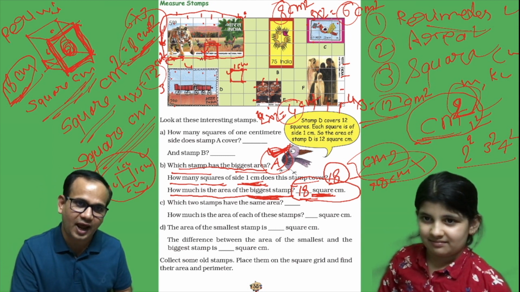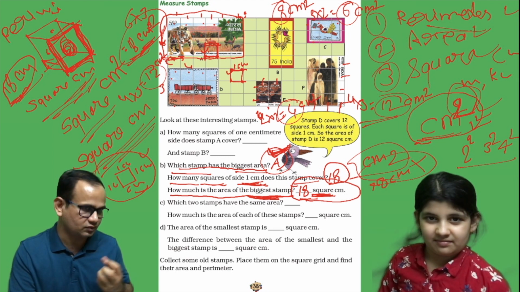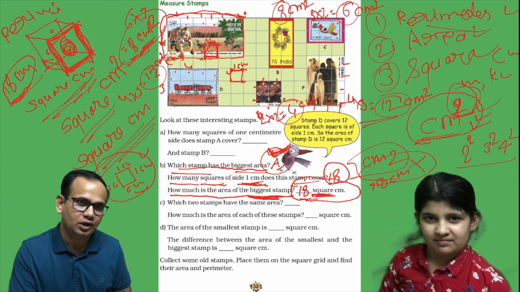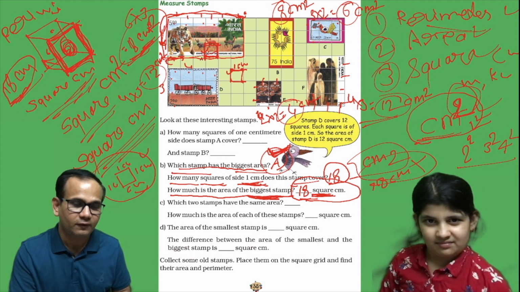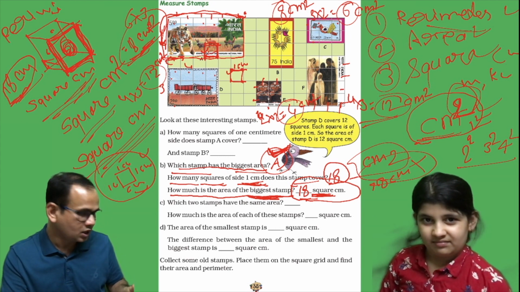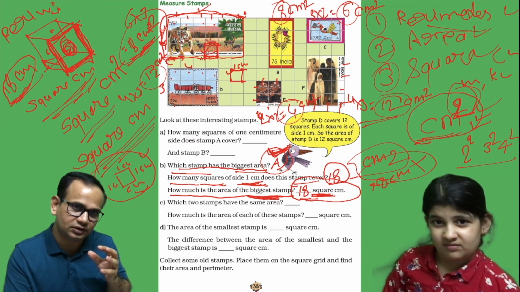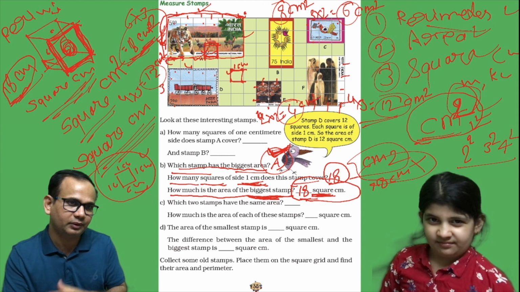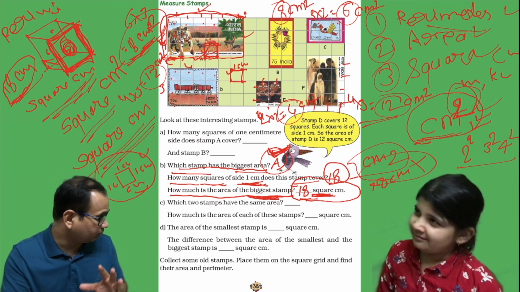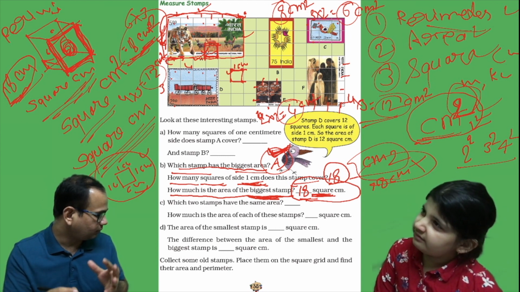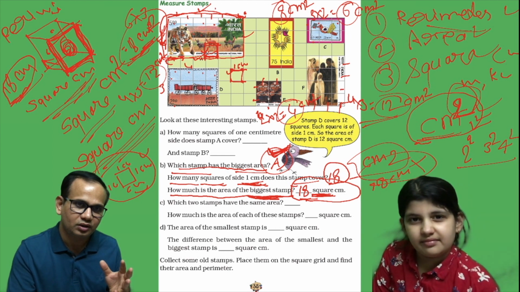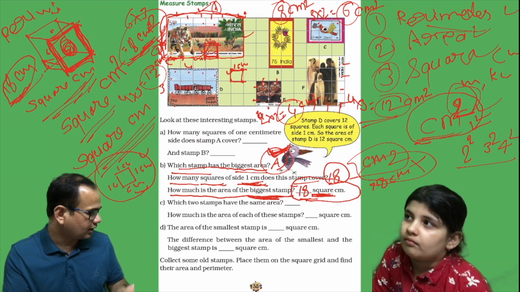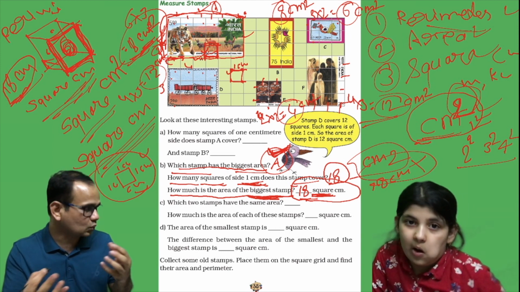Because the stamp is small in size, we use centimeter. You measure here centimeter, here centimeter, here centimeter. We added all these dimensions: this length, this width, this length and this width. Then it becomes perimeter. We are not multiplying, Avisha. If you multiply these two, this one and this one, it becomes area, and then square centimeter.